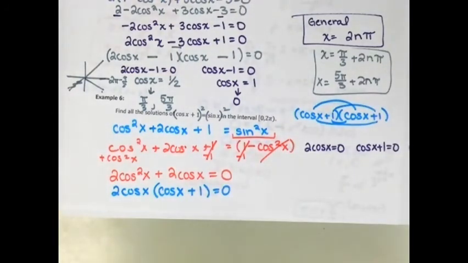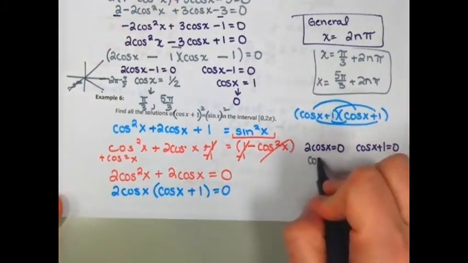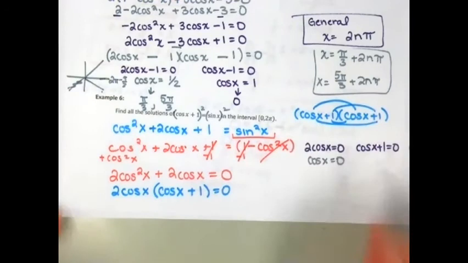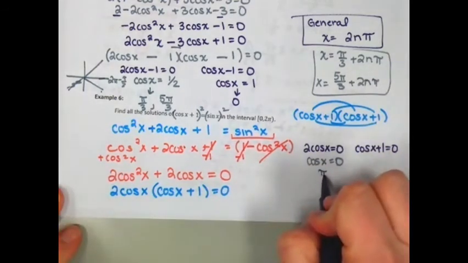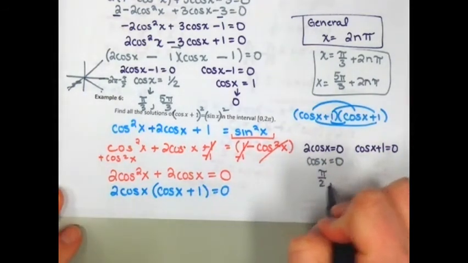So now solving, the cosine of x is going to equal 0, right? And when is my cosine equal to 0? When is my x equal to 0? Pi over 2 and 3 pi over 2.